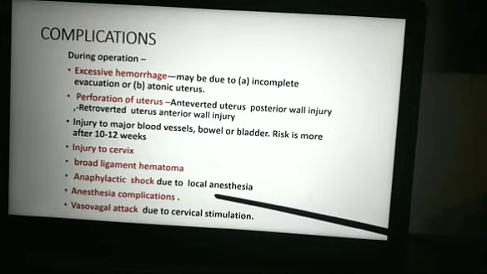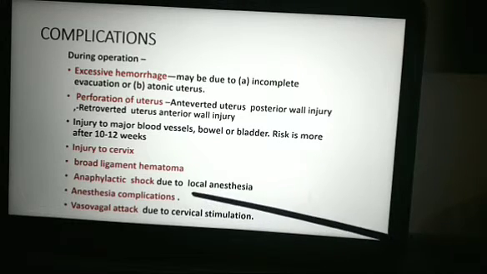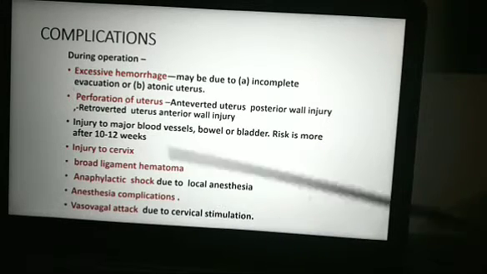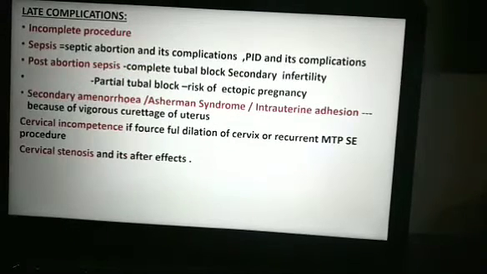Anesthesia complications, as in other operations, are a risk. Vasovagal attack is one of the problems because of cervical stimulation and dilatation. For that, pre-medication in the form of atropine is given prior.